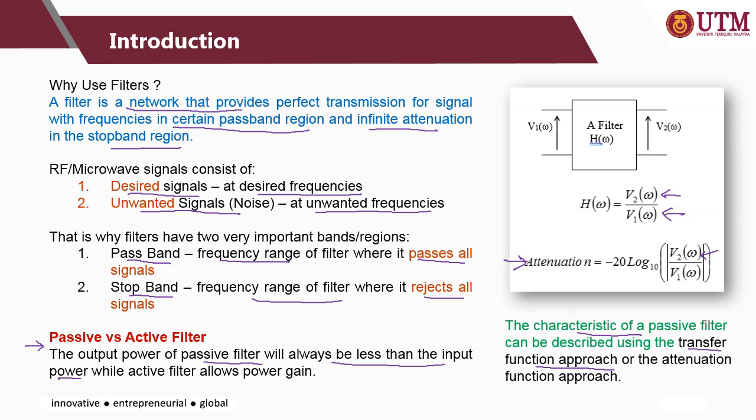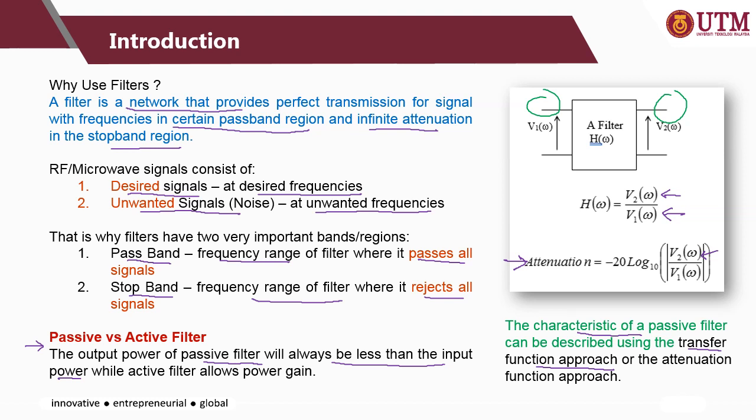Because during transmission, if you remember, there will be coupling, there will be disturbance, there will be signal loss due to reflection and retransmission across the junction, etc. That's why in a passive filter, the output is always lesser than the input.